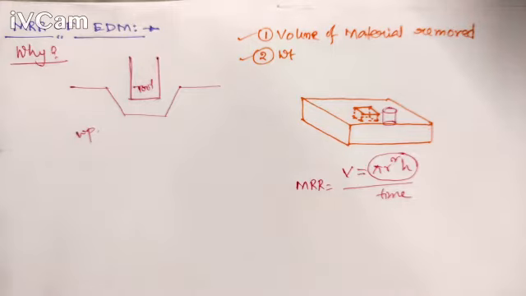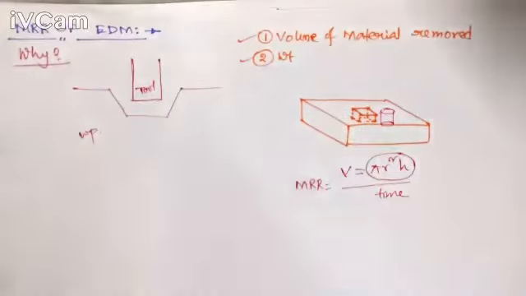So those kinds of problems may occur, and because of that we are going to have a model which will be considered based on the spark which is produced at the workpiece and tool interface. Okay, so I hope it is clear to you what I said.